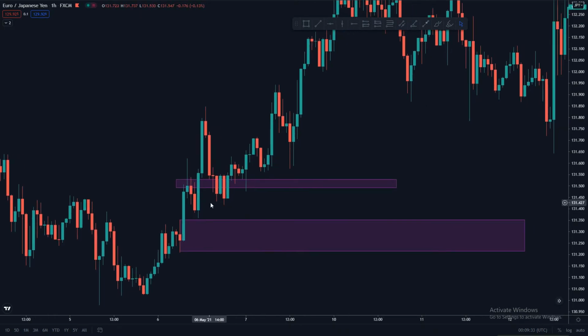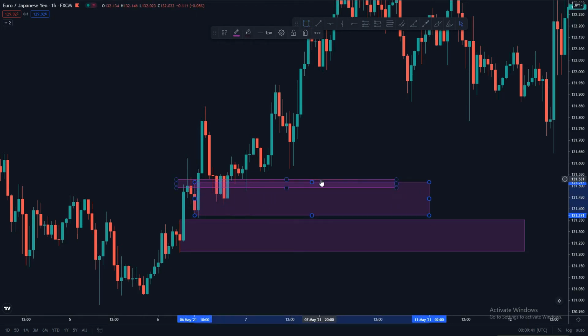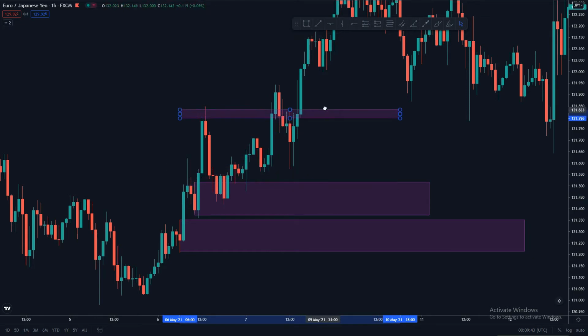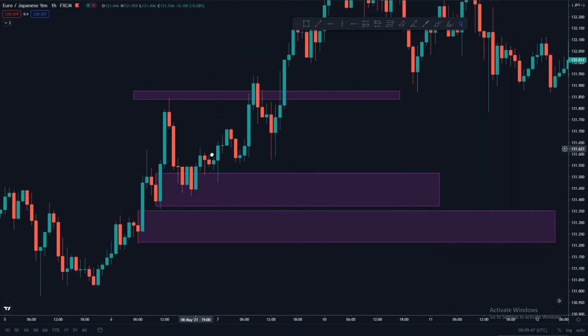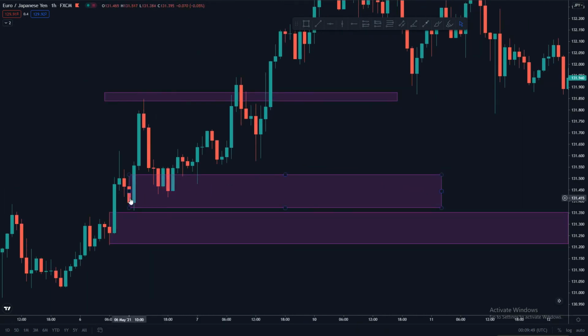This last candle is the candle that we are going to identify and mark like this. This is how I identify my order block: the last bearish candle that helped this whole thing break going up.